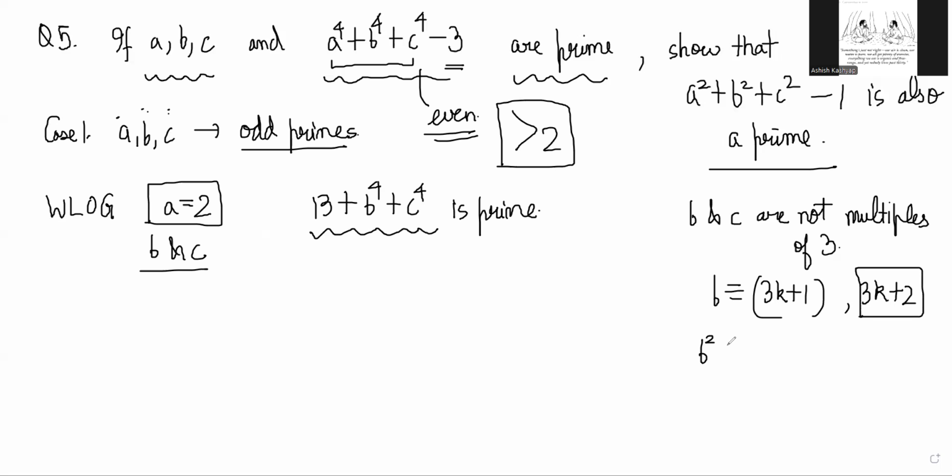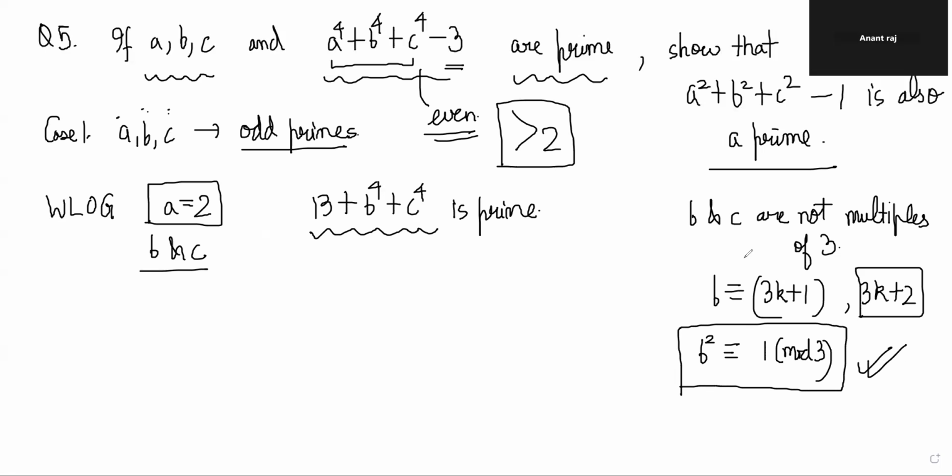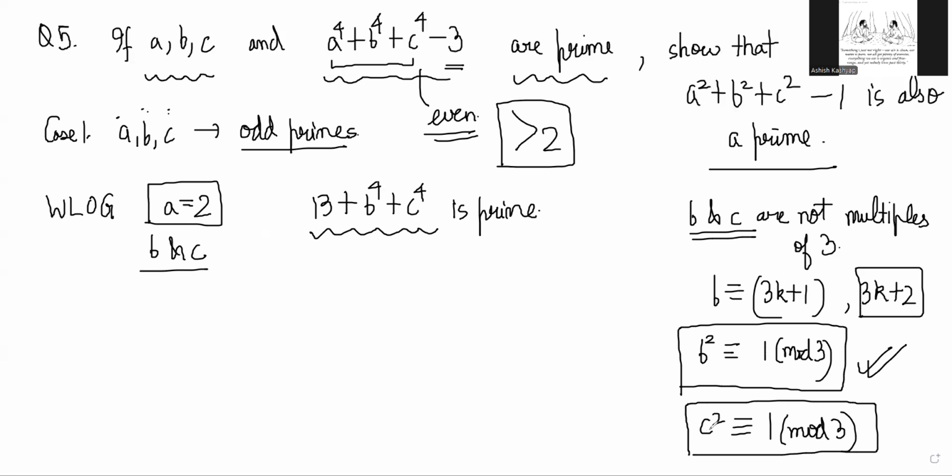It is 1 mod 3 in this case, and in this case it is also 1 mod 3. So B square is 1 mod 3 in both cases. Similarly, both B and C are not multiples of 3, so both B square and C square will be 1 mod 3. It is guaranteed, there's no doubt in that, because B and C are prime.